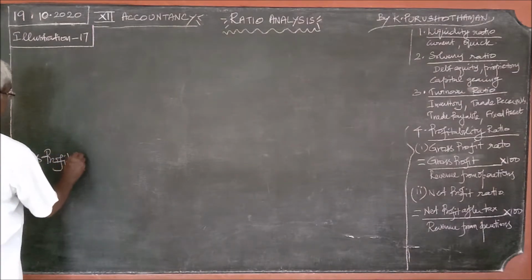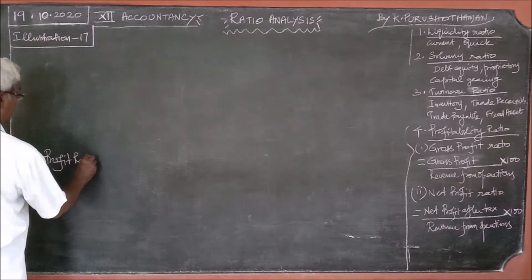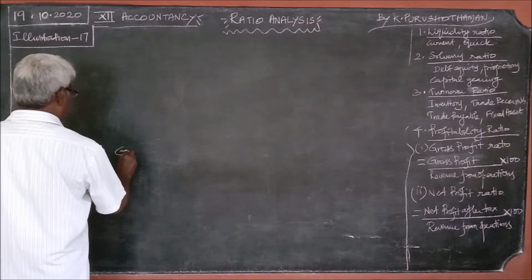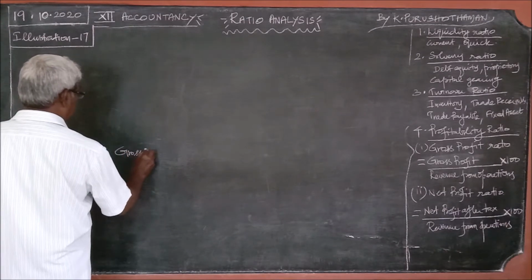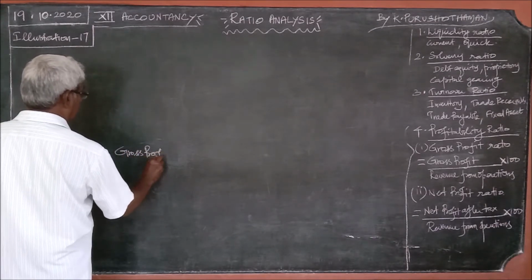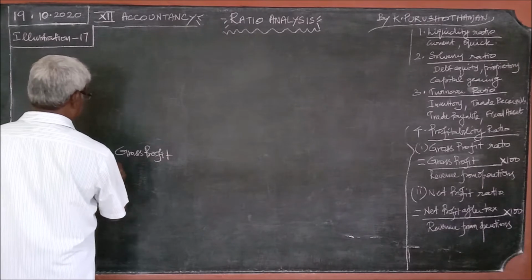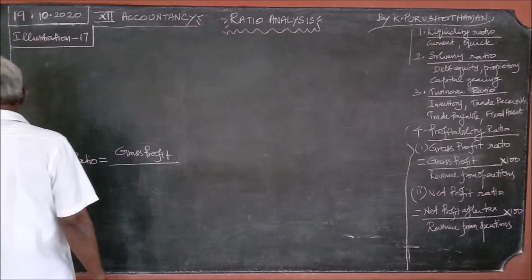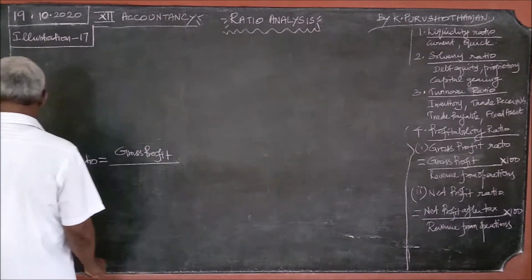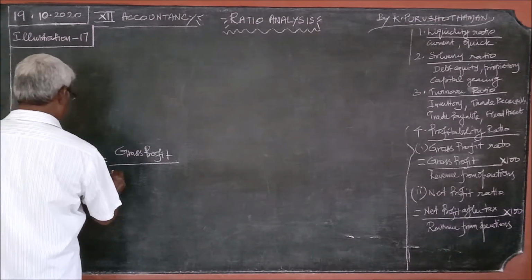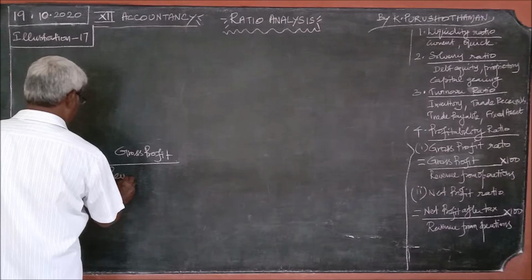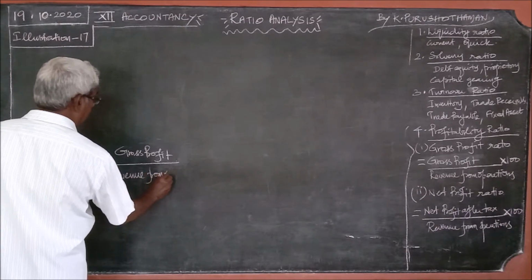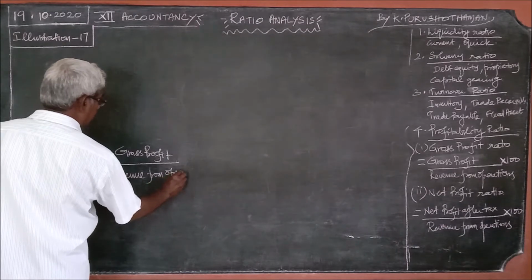Okay. Now, the first ratio is gross profit ratio. Gross profit ratio is equal to gross profit divided by revenue from operations.